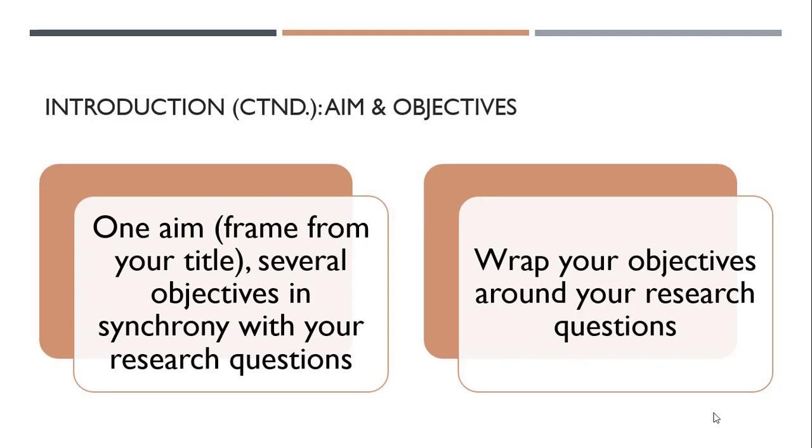Okay? You turn your research objectives, you wrap them around your research question. It might not be a direct translation, but each objective should have a question that supports it. And your several objectives, when put together, should help you to achieve the aim of the work. That is the structure to follow.